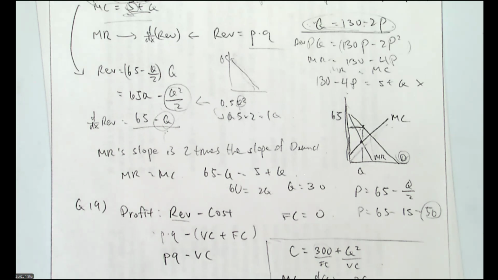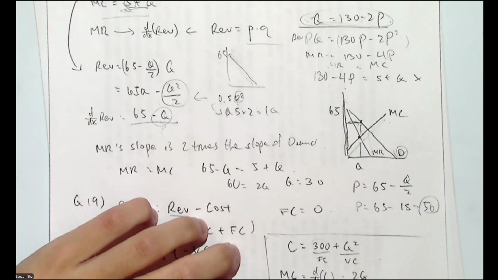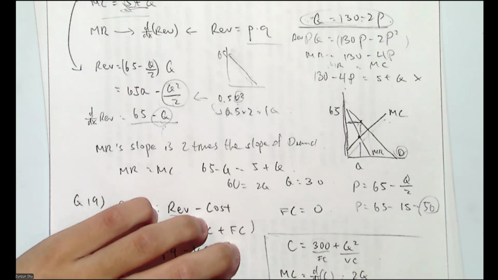Now, we have MC, just like we have MC in this question. How are we to find variable cost? Any ideas? Using MC to go back to find variable cost. Exactly. You take the integral. If you take the integral of MC, which is just 2Q dQ, that's going to be Q squared.